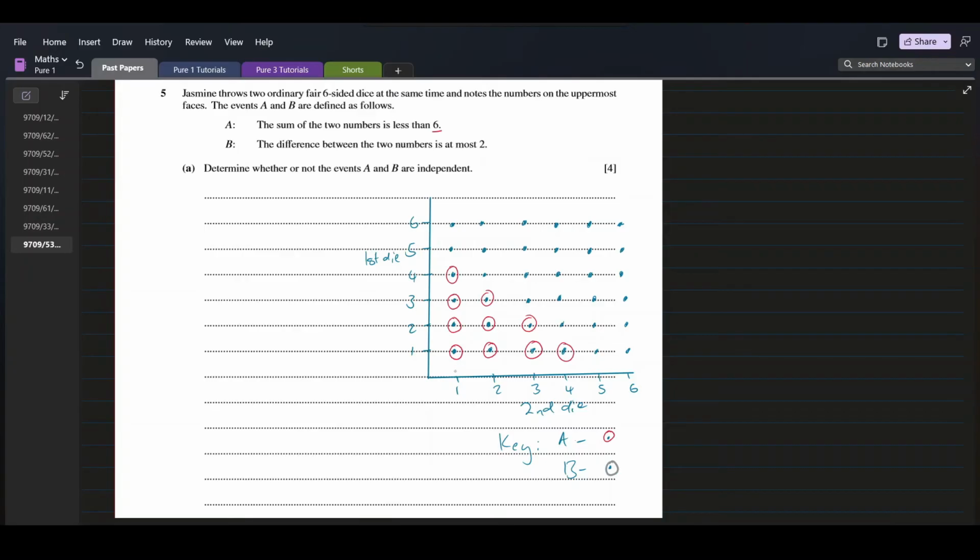Okay, so B is the difference between the two numbers is at most 2. Okay, 1 and 1, the difference is 0. 2 and 1, the difference is 1. 3 and 1, the difference is 2. Those are all. And then we've got 2 and 1, 2 and 2, and then 3 and 2, and then 4 and 2.